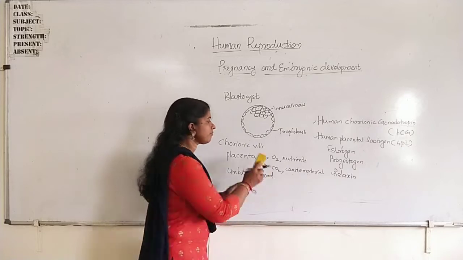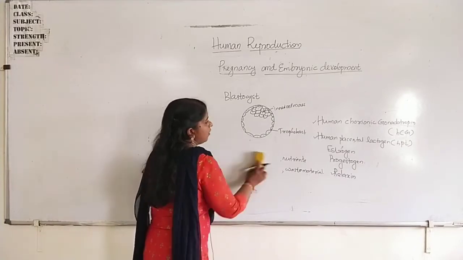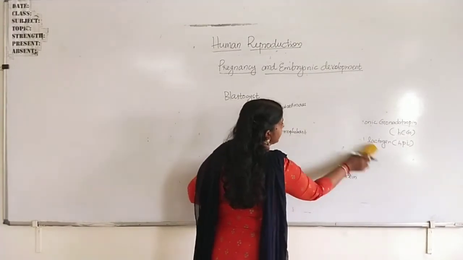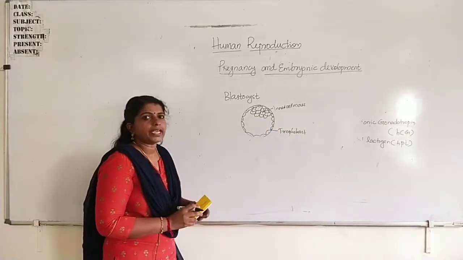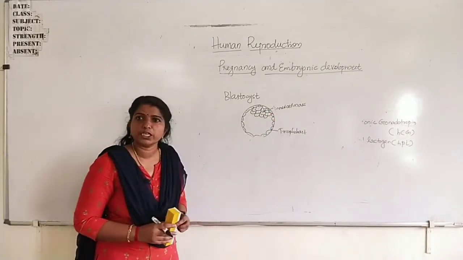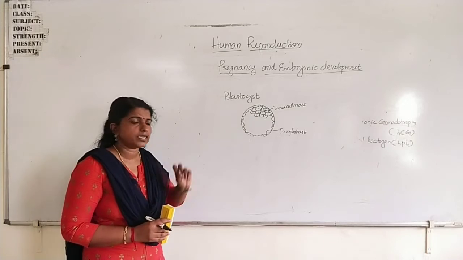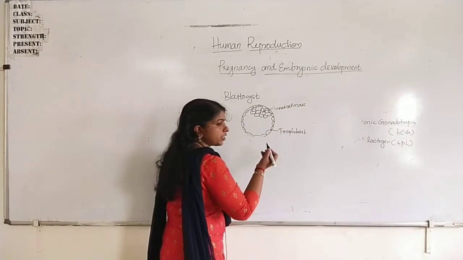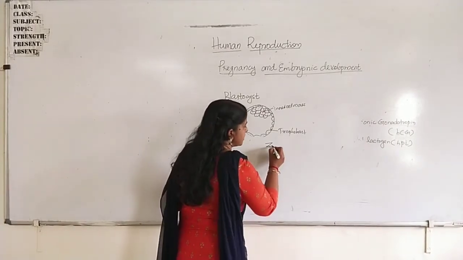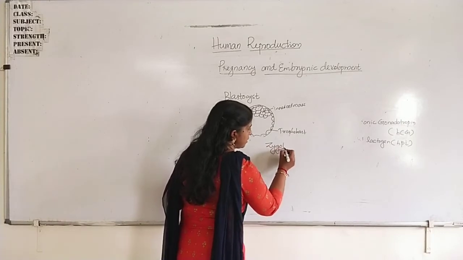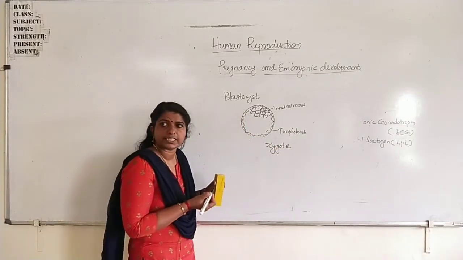Now, what is the fate of this inner cell mass? Here the inner cell mass changes into the embryo that we already studied. And do you remember the sequential stages? Just after fertilization, the zygote is formed, which is single celled.